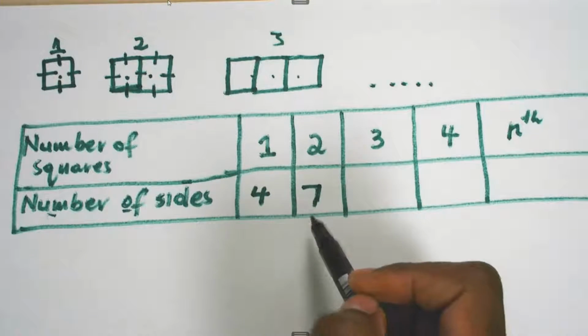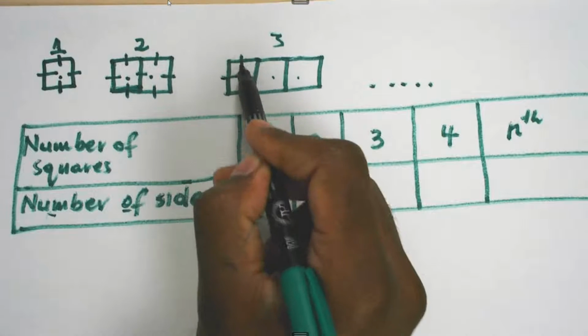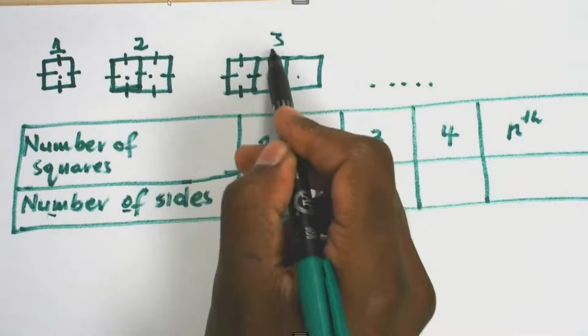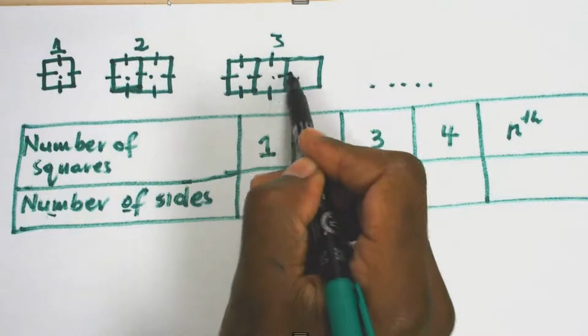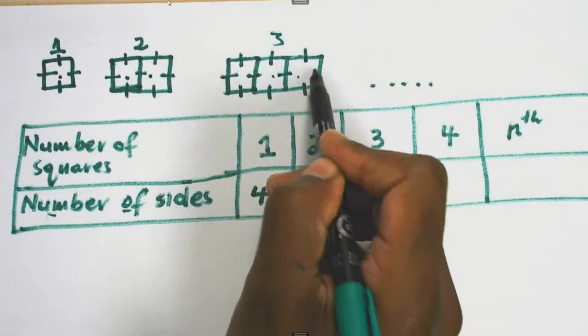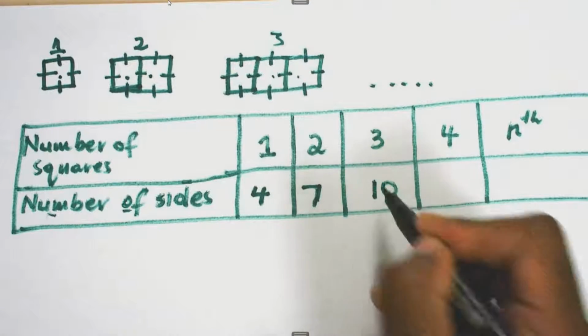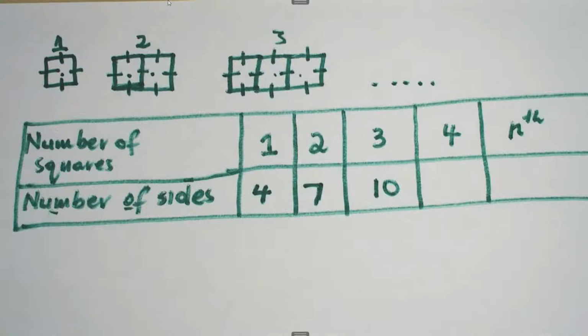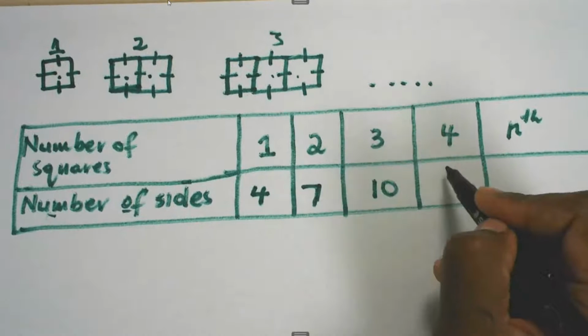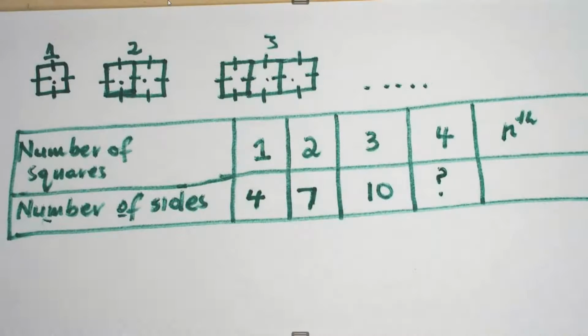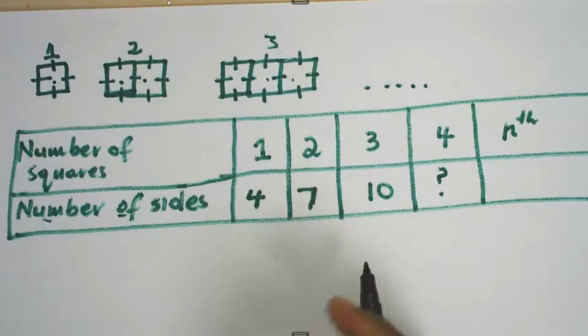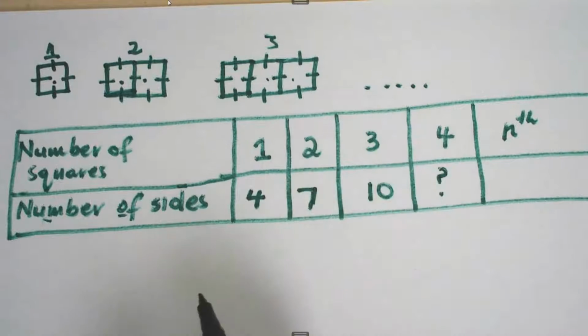In square number 3, we've got 1, 2, 3, 4, 5, 6, 7, 8, 9, 10. So we've got 10 sides. And then the question comes here and says, how many sides will there be in number 4?